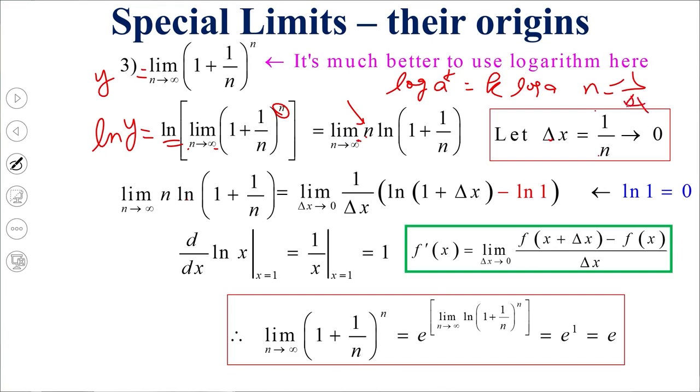So instead of n, I can write 1 over delta x, ln of 1 plus, because 1 over n is already delta x, I will substitute that by delta x. But I'm also subtracting ln of 1 here, because ln of 1 is simply 0, and subtracting 0 from something doesn't make a difference.